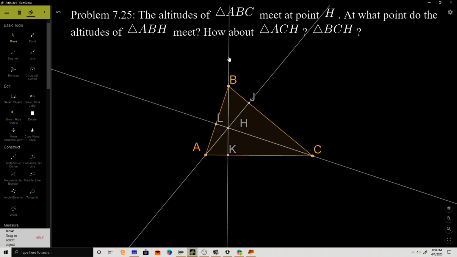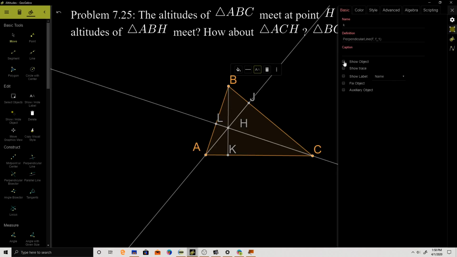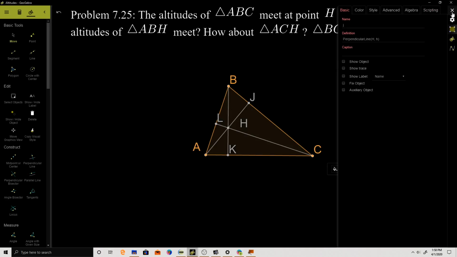So let's see. Hopefully this works fine. Nope, it doesn't. Of course not. Alright, so there we go. Let's hide all the lines going all crazy everywhere.